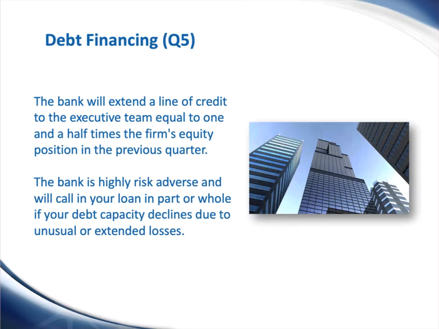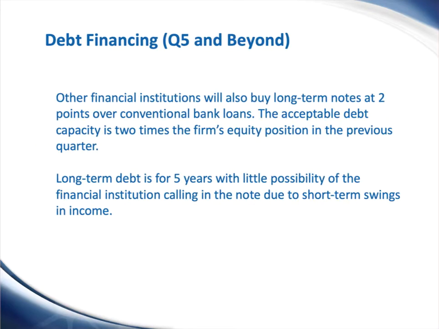Unfortunately, the banks in this game are highly risk averse and will call in your loan in part or whole if your debt capacity declines due to unusual or extended losses. What does that mean?